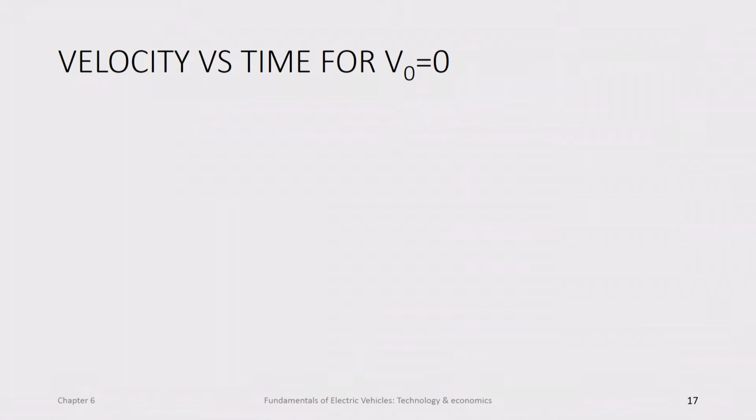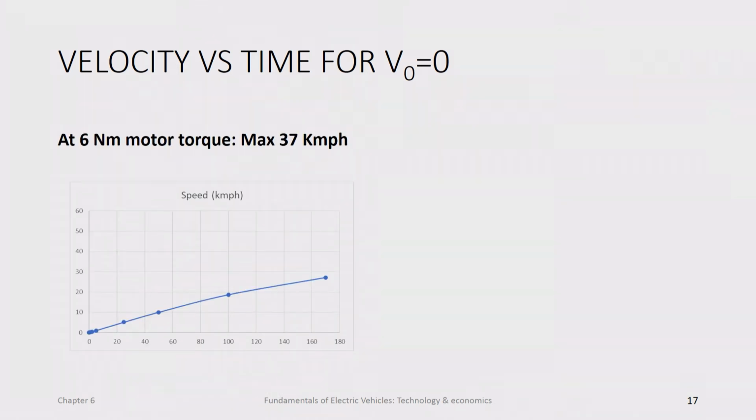I can plot velocity as a function of time using the equation we just now saw, and for a typical example where I applied a 6 Newton meter torque, how the speed increased over time is shown here, and if I calculate root of b by a, I get 37 kilometers per hour, and you can see that if I project this long enough, it seems to asymptotically reach 37 kilometers per hour.